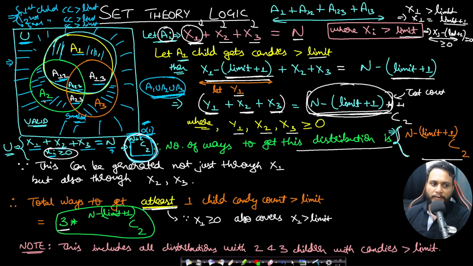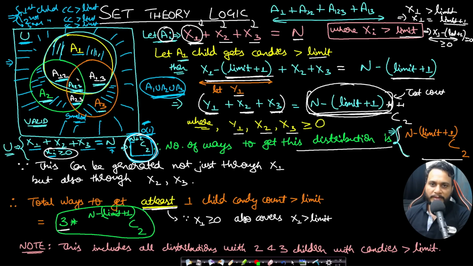And again, if you repeat for this a2, you will see it will contain a2 along with a12 and a123 and a23. Similarly, when you do for a3, it will be combining a13, a123 and a23. So you will see that regions are getting double counted, and so those regions must be subtracted.